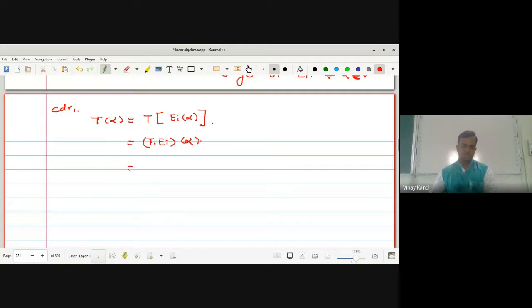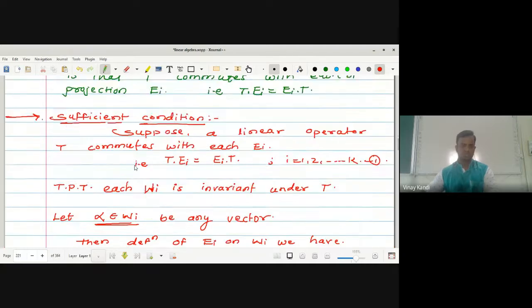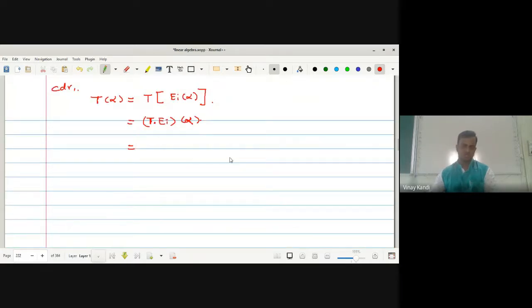Which is equal to, now T commutes. Suppose T into Ei is equal to Ei into T, our assumption, is Ei into T of alpha. So this is equal to Ei into T of alpha. Give it as equation number 4. Now since, what is range of Ei?